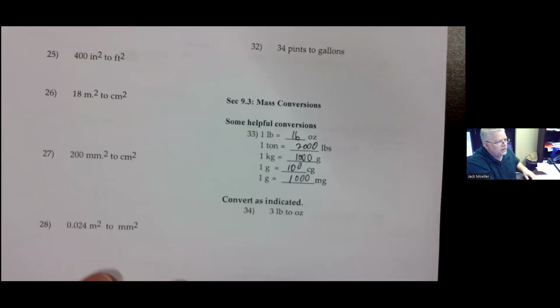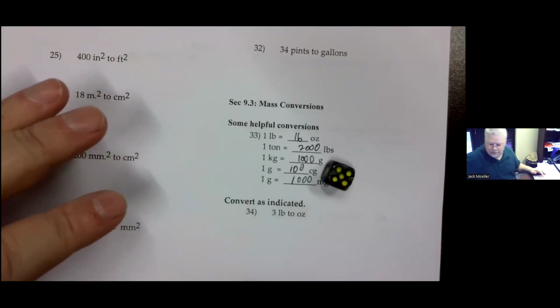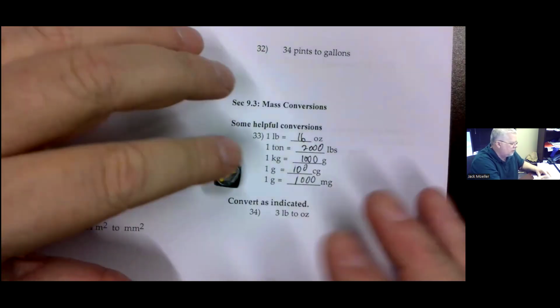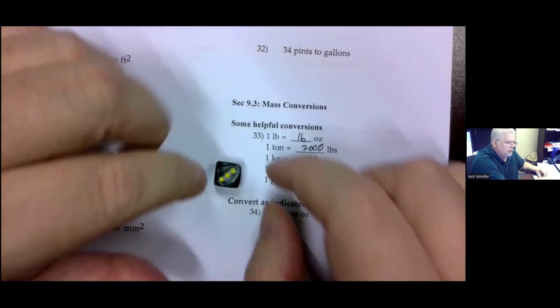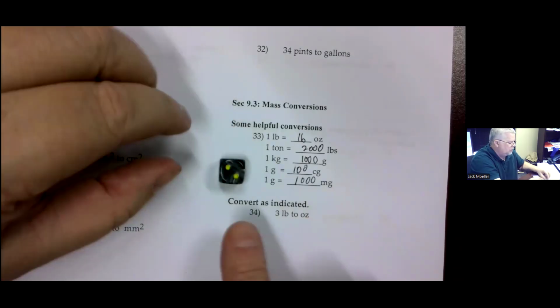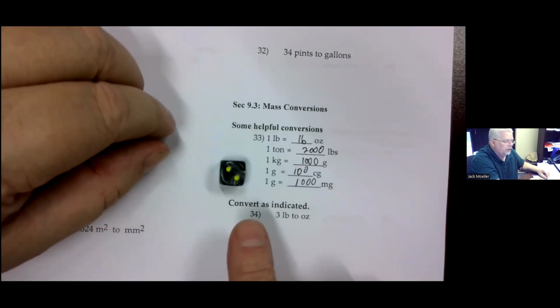I covered this in the metric video, but in case you didn't see that, one of the really nice things from a math standpoint about the metric system is that the different types of units are linked together. This is one of my playing dice. If you have a Yahtzee game, you'll see those dice are bigger than this. This is maybe about 2/3 the size of a regular dice, and it's approximately a centimeter on each side.